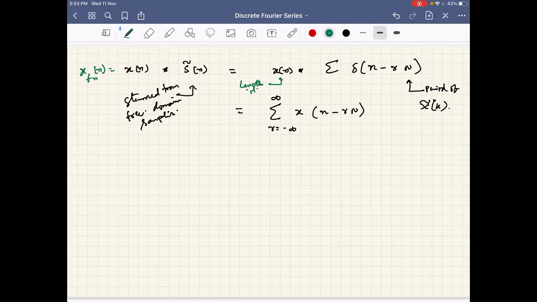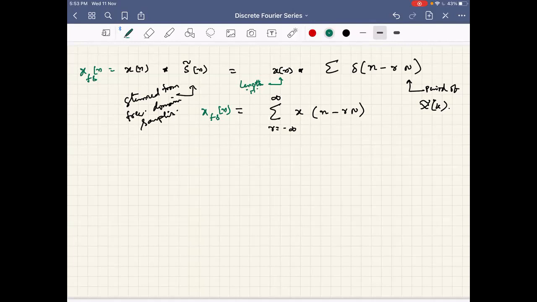So what we have here is the frequency domain sampled version of the time domain sequence.